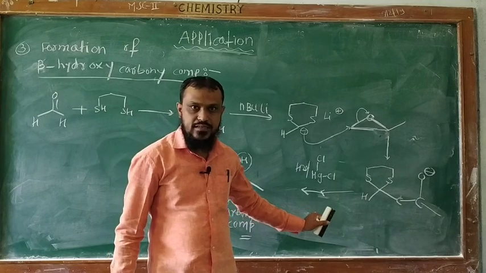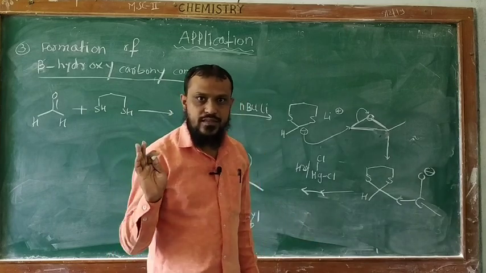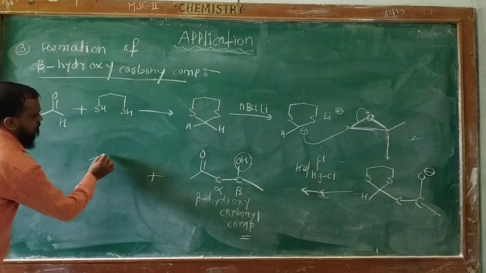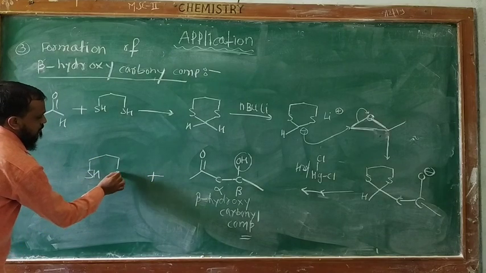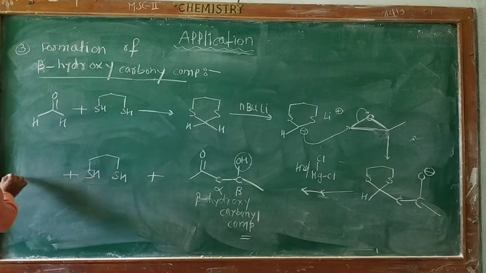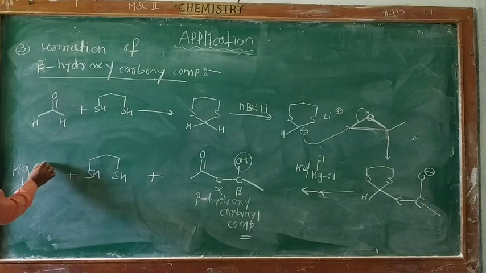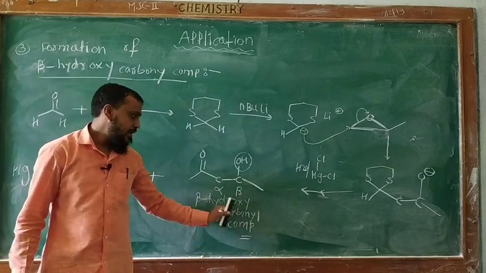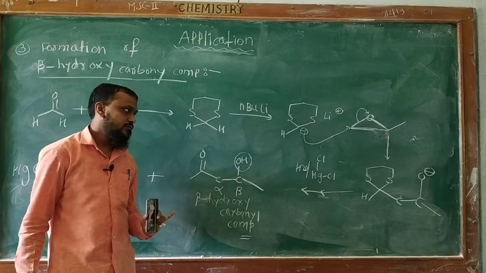We saw it in the previous lecture. Okay, and the byproducts are 1,3-dithiol and also HgOH2. Okay, this is the byproduct, but our final or desired product is beta-hydroxy carbonyl compound.